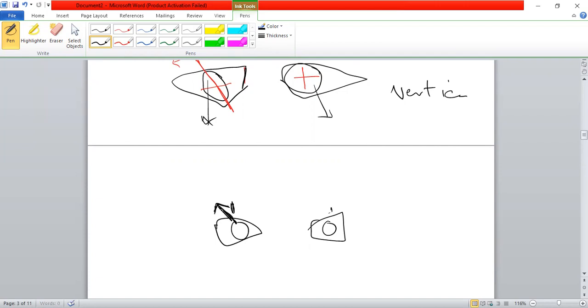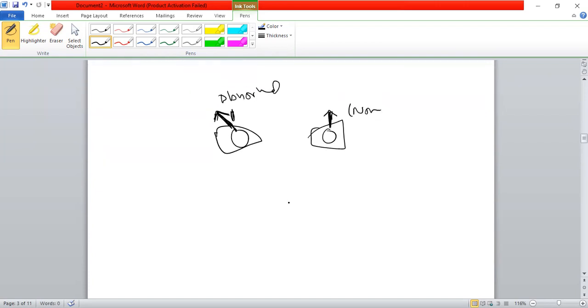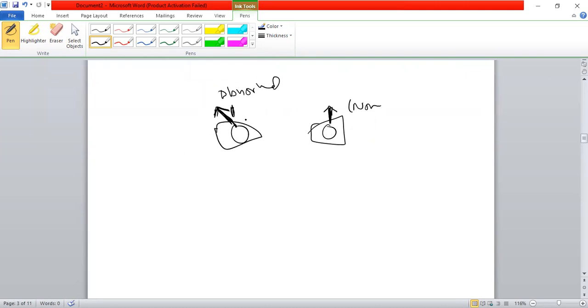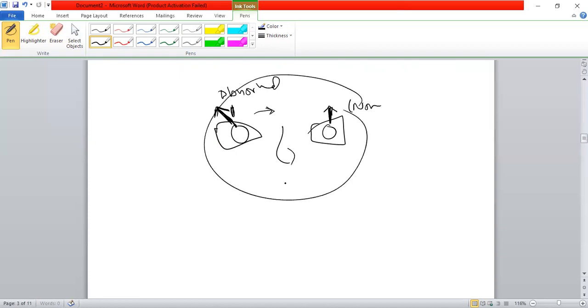Let me show you with this arrow. This arrow is straight, which means this is normal and this is abnormal. So what the patient does is tilt his head to the opposite side. This side is having a lesion and he will tilt his head to the normal side.